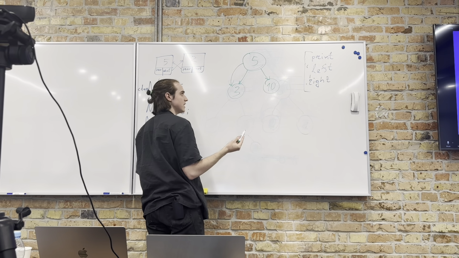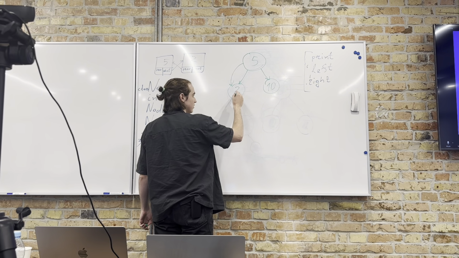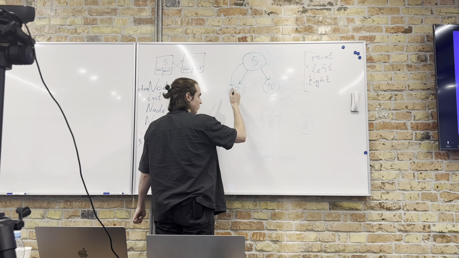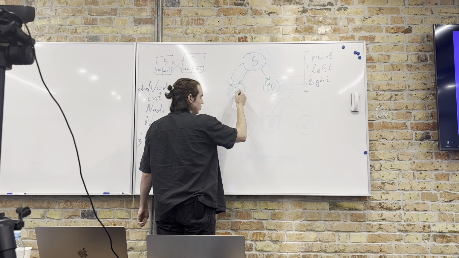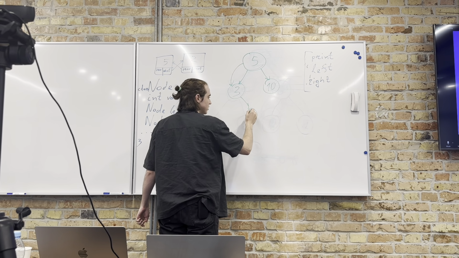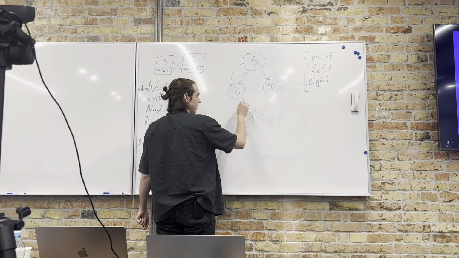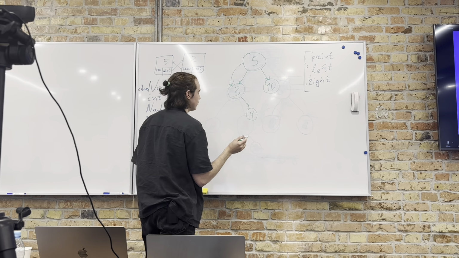Now we do the same operation here. 4 is actually greater than 3, and 3 doesn't have a right child, so we create a right reference for 3, and now we have such a data structure.